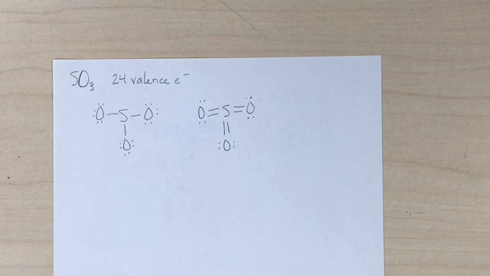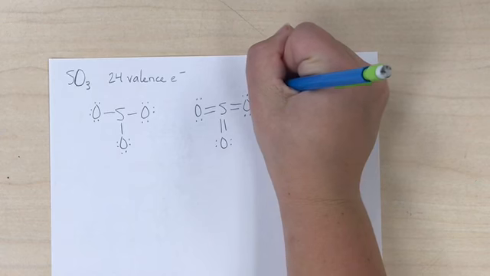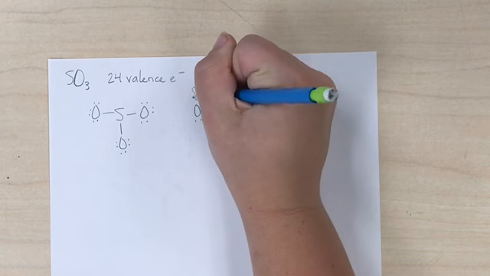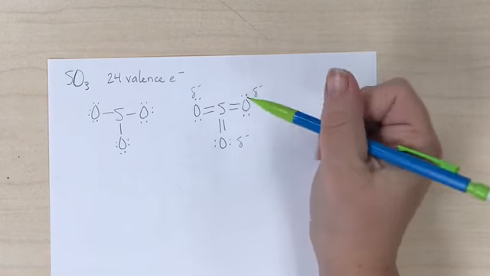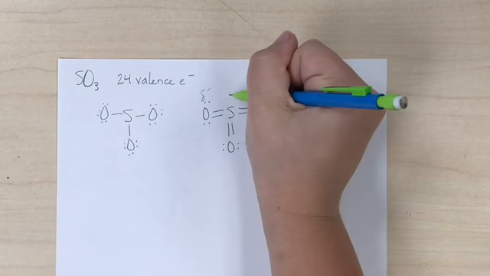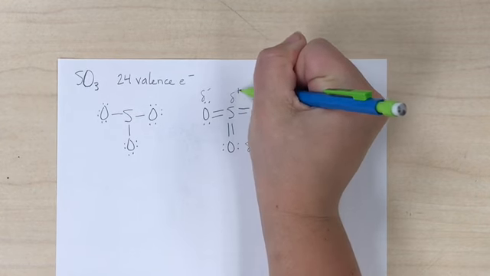Next, we will determine the bond dipoles. The most electronegative atom, which is O, will have partial negative charges. This means that the central atom will have a partial positive charge.